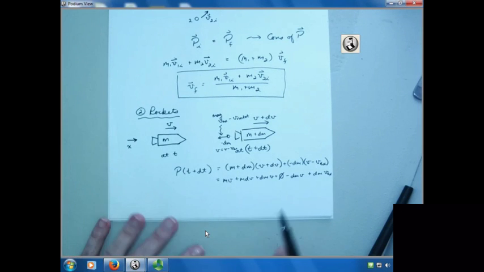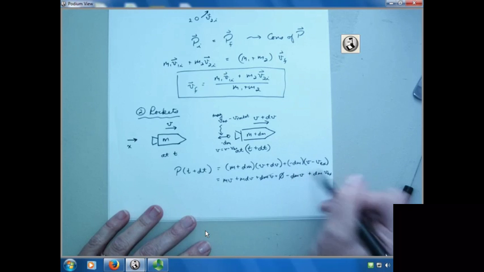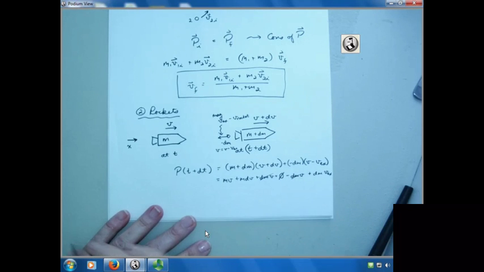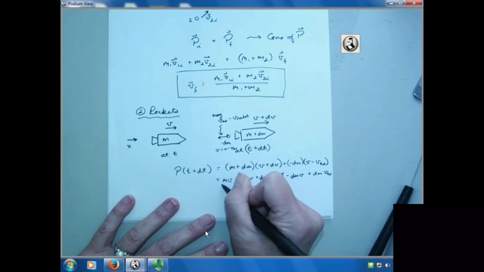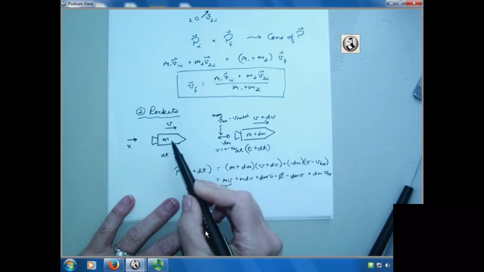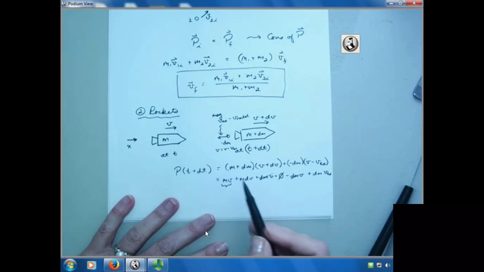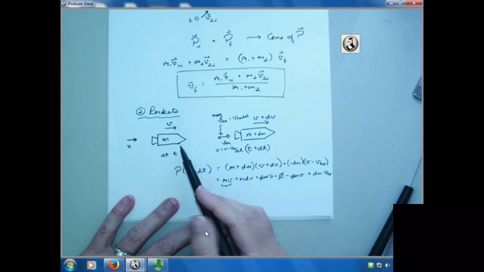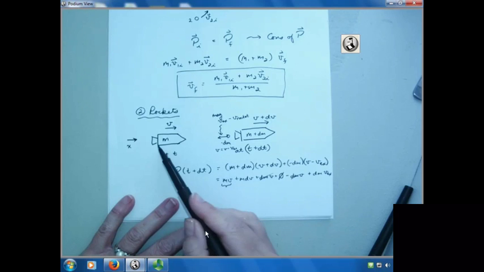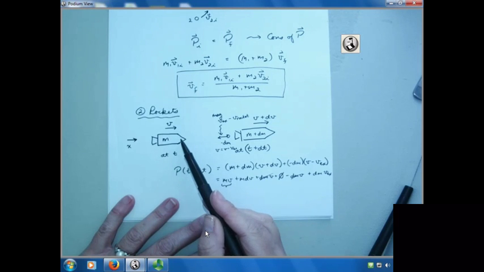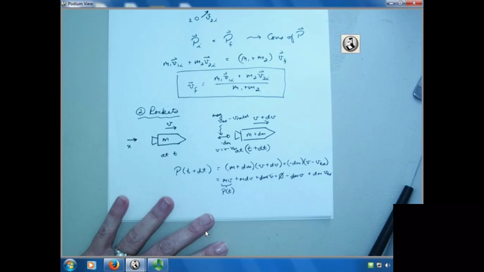All right, so if I look at these terms, I see that I have a plus dm v and a minus dm times v, so those two are going to cancel out. And it looks like I'm left with three terms, except if I look at this guy, this is the initial momentum of the rocket. This is the initial momentum of my system, because initially even this little bit of mass is inside of the rocket and they're all moving together at v. So this is the momentum of my system at time t.